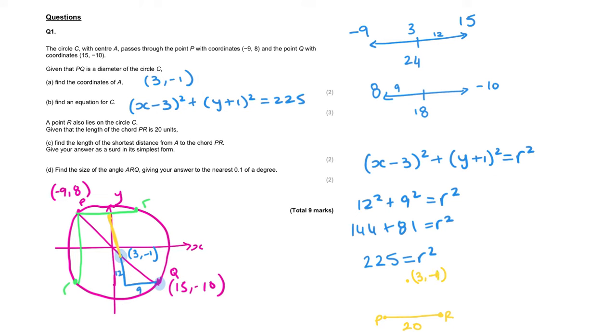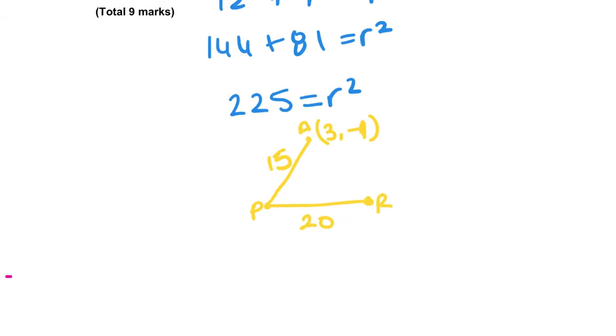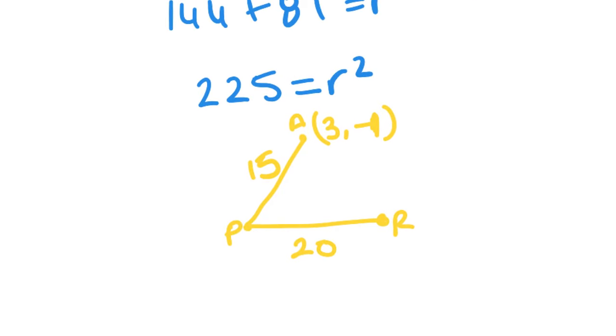How are we going to do this? We know the length of P to A is our radius, which is 15. So we know the radius squared is 225, right? We know the length is 20. We know it has to be the perpendicular bisector, so it has to be the middle.